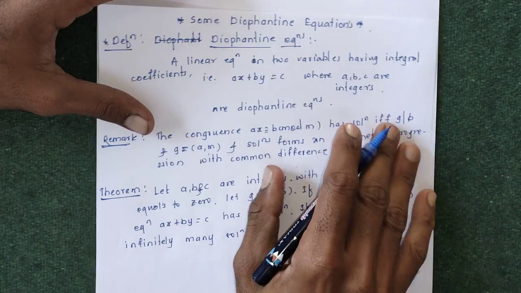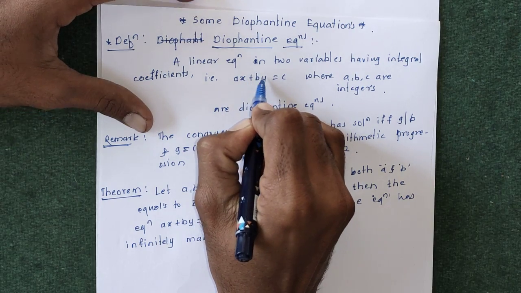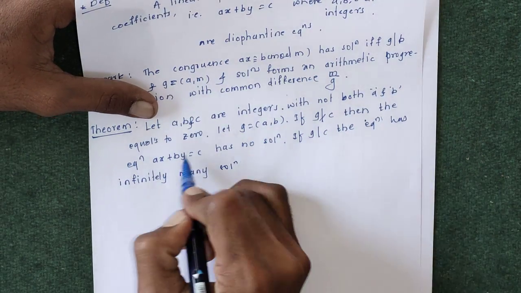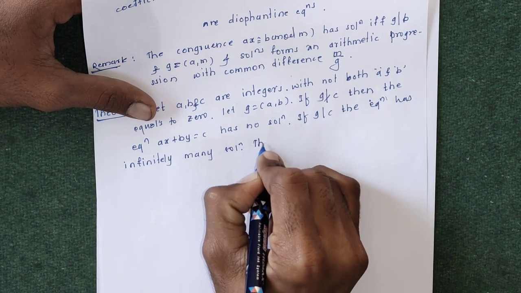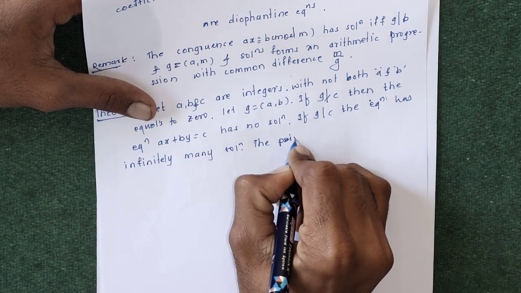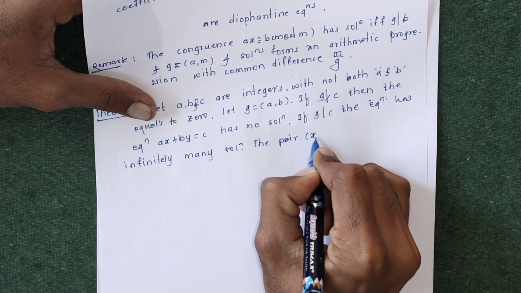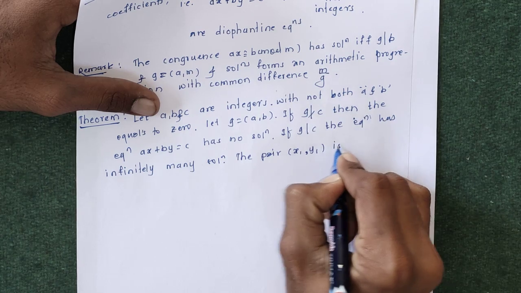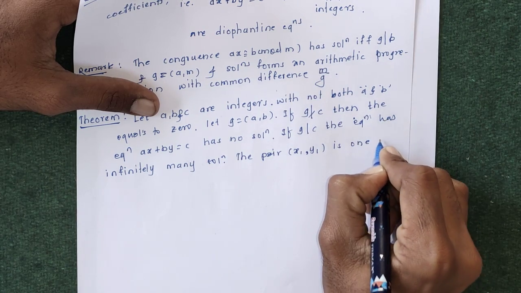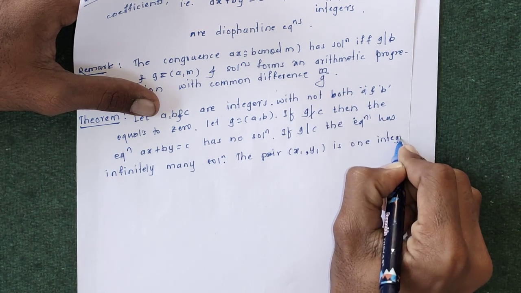That is, there are infinitely many pairs of x and y which satisfy this equation. Infinitely many solutions, and the pair x1, y1 is one integral solution, that is its first solution.